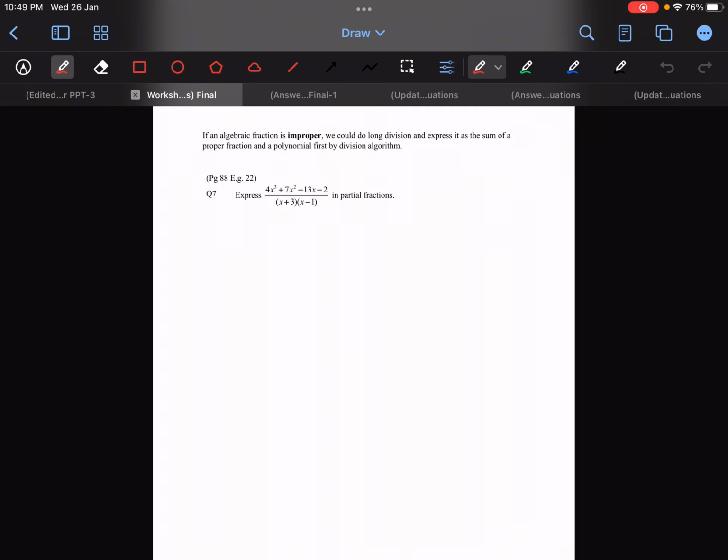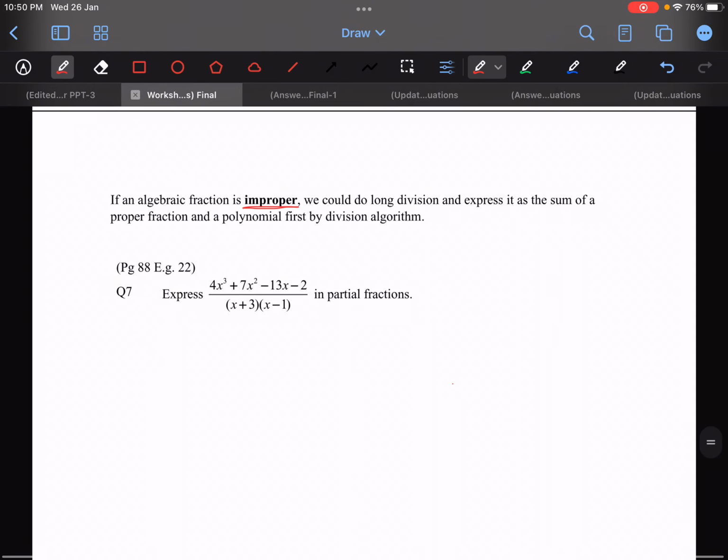Okay, so for question 7, before we go to that, remember we actually have been doing the case for proper fractions. So what happens when it's improper? Okay, so I remind you, improper algebraic fractions: the degree of the numerator is larger than or equal to the degree of the denominator.